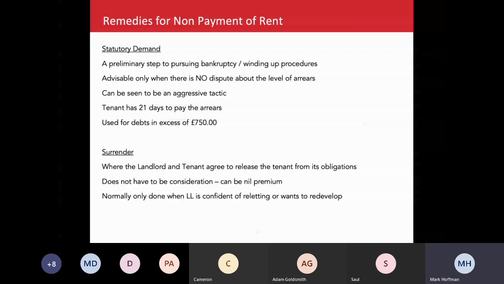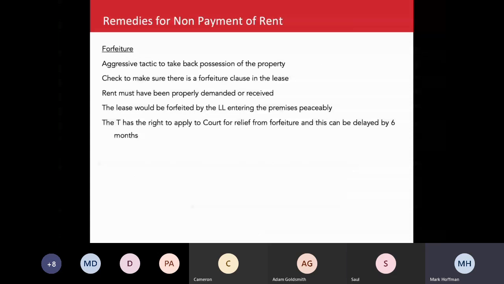So then we get to the final ultimate remedy, which is forfeiture. Forfeiture can occur on two bases. Forfeiture for breach of the lease, and that could be for things like breach of repairing obligation, for example, and it could be forfeiture for non-payment of rent. The two things, of course, are very different, and the process of forfeiture for both of those needs to be carefully understood.